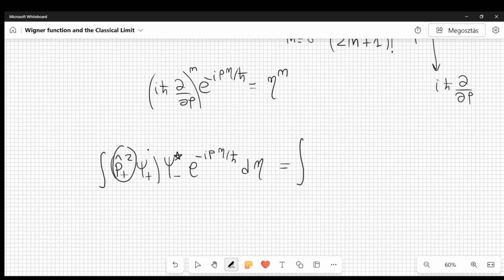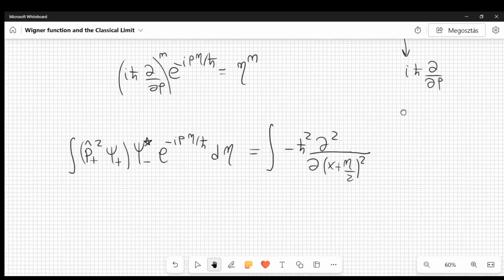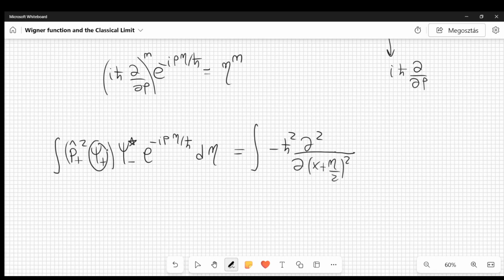Remember that this operator p plus squared can be written as minus h bar squared, d over dx plus eta over 2, squared. Then here, instead of psi plus, I have an integral, and the integral sign is already here. I will not write any other integral signs, but remember that we have to carry out the integration, because we will also have other differentials that appear due to the transforms that I'm going to introduce.